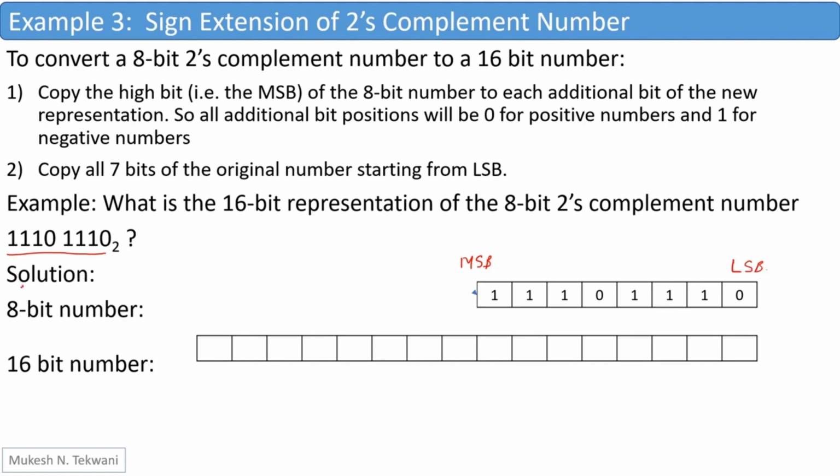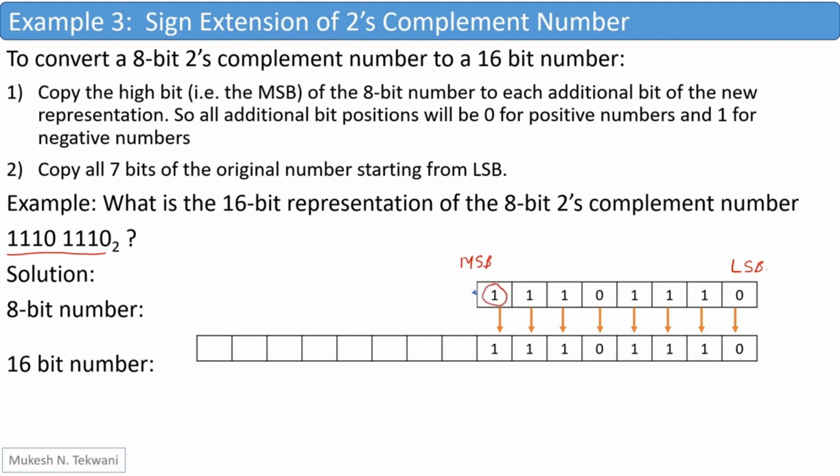Now, to convert this into a 16-bit equivalent number, the procedure is as follows. We will first copy down the 7 bits starting from the least significant bit. So here are our 7 bits. We copy down these 7 bits into the respective positions in the 16-bit number, and now observe this most significant bit in the 8-bit representation.